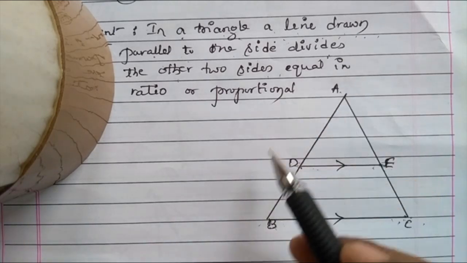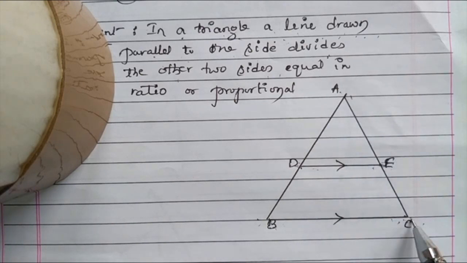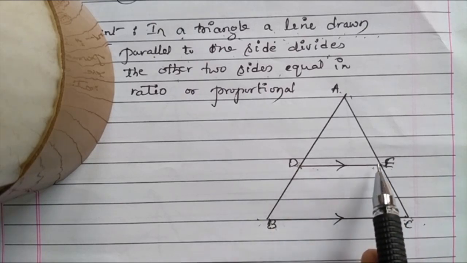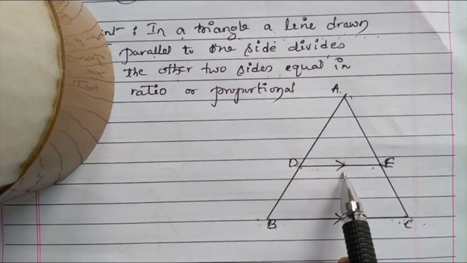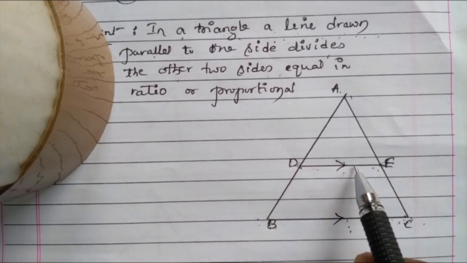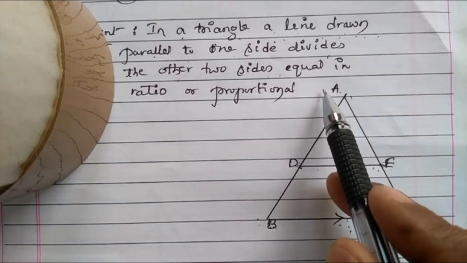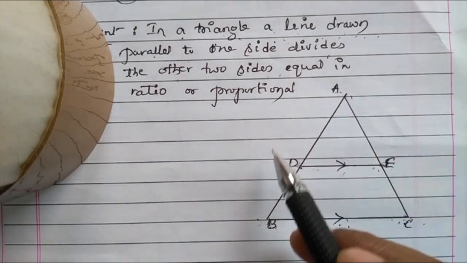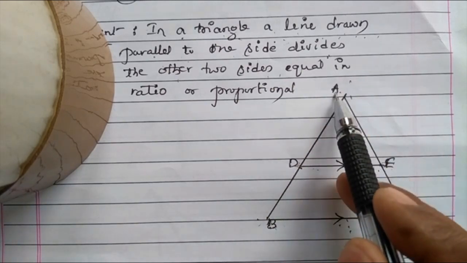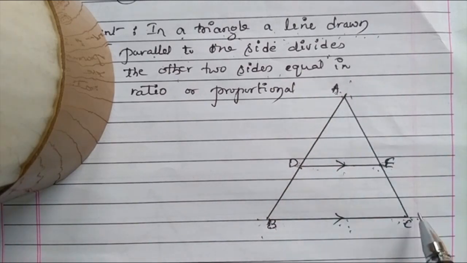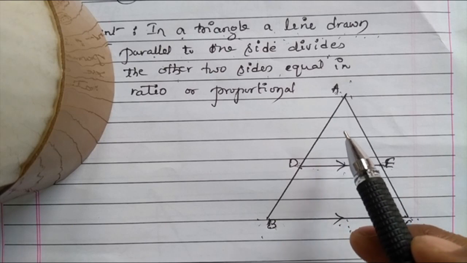Which are the other two sides? AB and AC. BC is, first of all, a side of the triangle. For this BC, DE is a line drawn parallel. These two are now parallel. This DE line drawn parallel to BC divides the other two sides, AB and AC, in equal ratios.